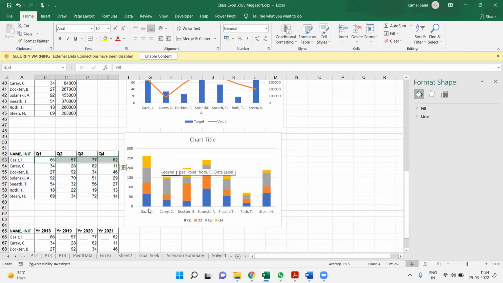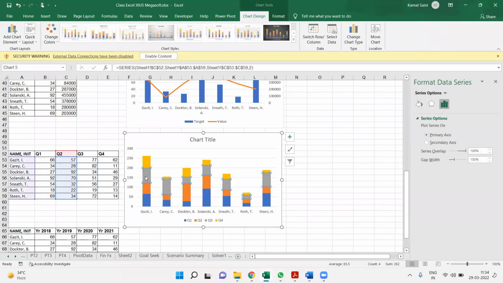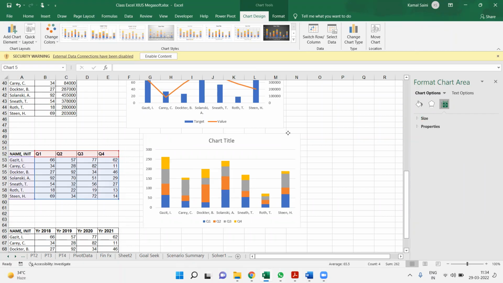You can see my overall business is 262, and each is contributing towards it. Each color represents one quarter, and this will totally account for my overall business in the whole year.